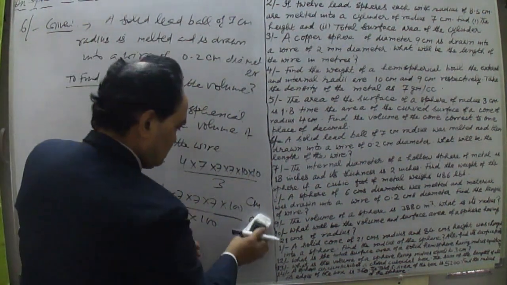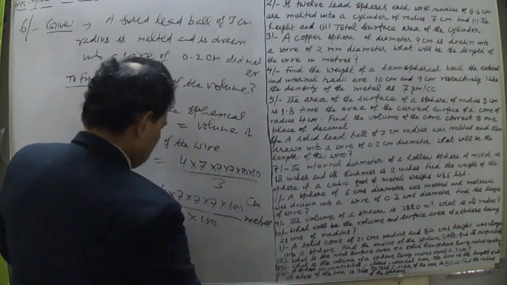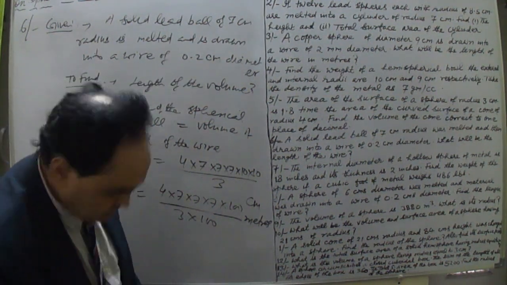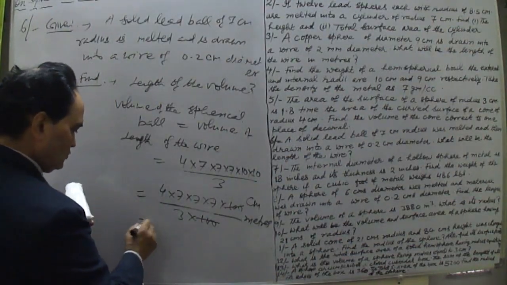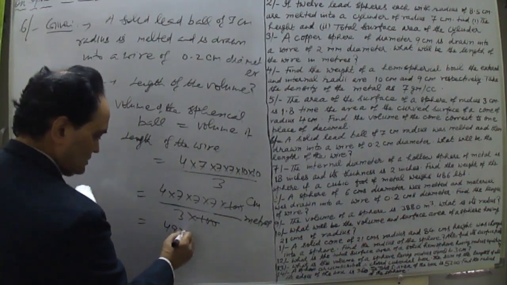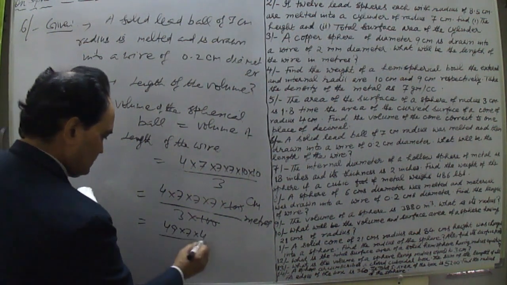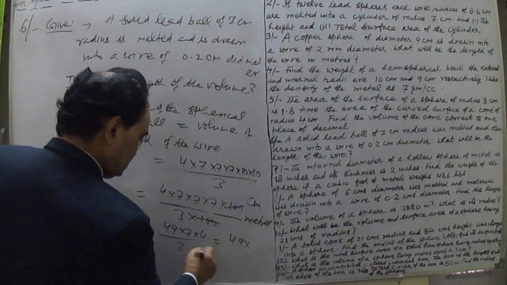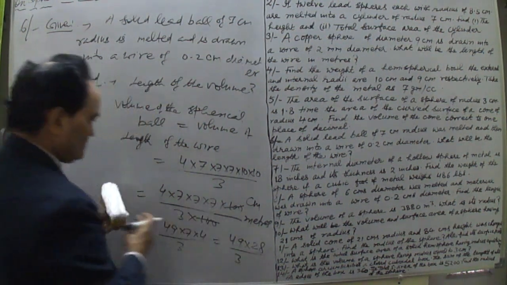The 100 cancels out. Only 7 into 7 is 49, into 7 into 4, divided by 3, so 49 into 28 upon 3.